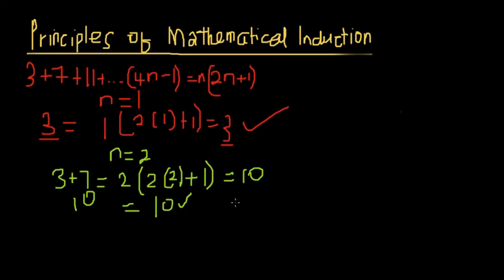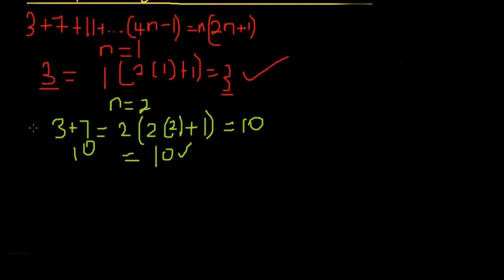Let's move on to picking another value for n. Let's say n is equal to 3. So we are picking 3 values from here: 3 plus 7 plus 11, which should be equal to this expression. So we have 3 open bracket 2 multiplied by 3 plus 1.